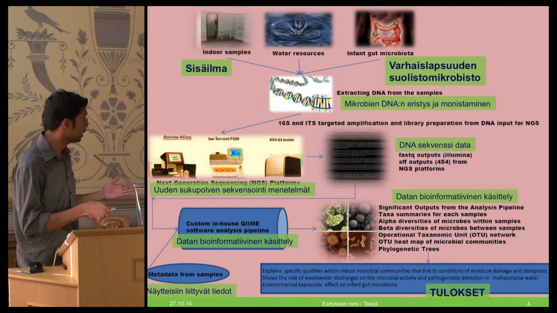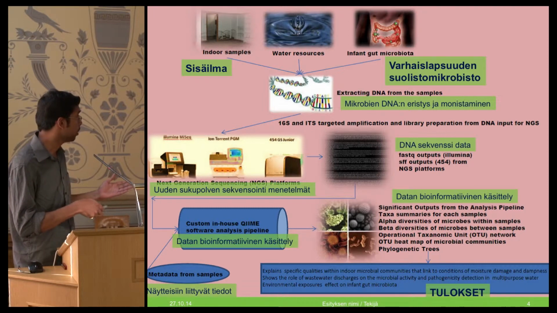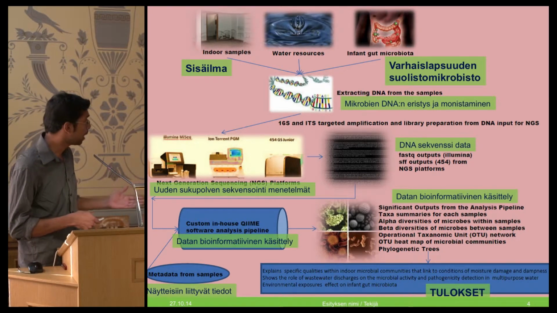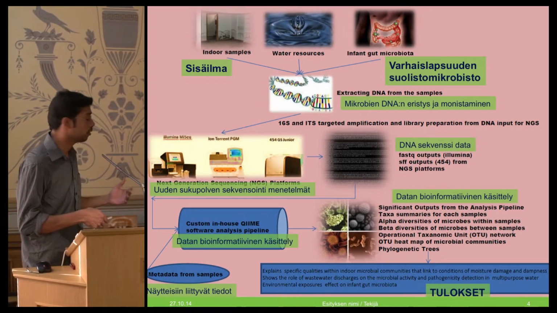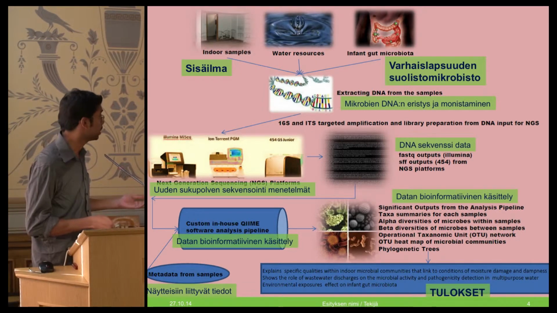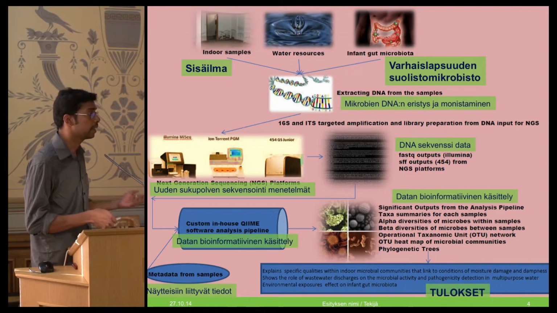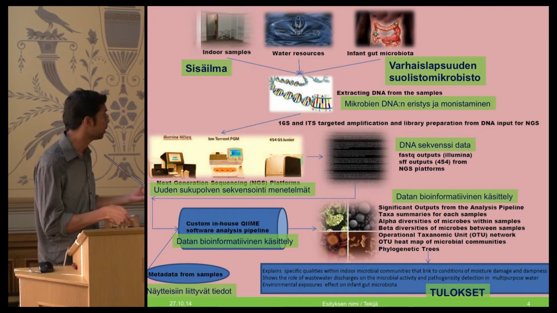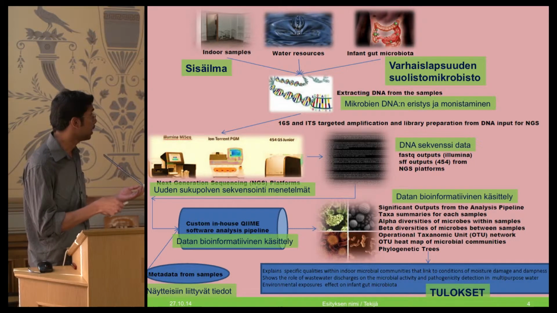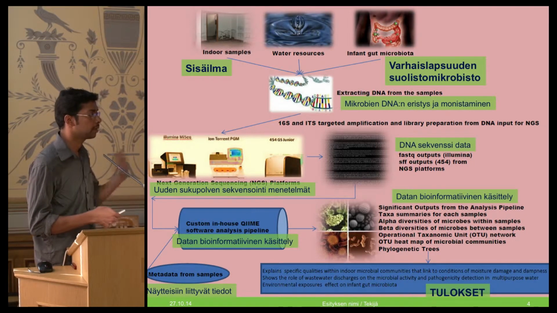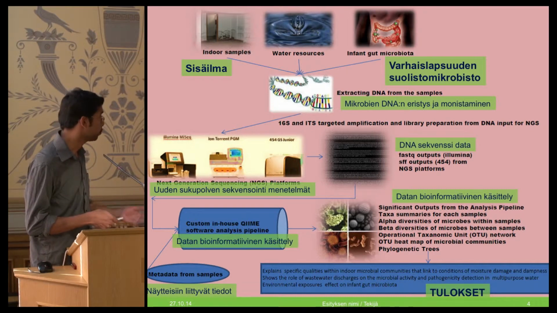Once we get the data, we will process it in the bioinformatics pipeline that we developed in THL, and that will explain whether there are any specific qualities that link the indoor microbiome with health, and also whether the early gut microbiome has some effect on developing the risk for asthma.